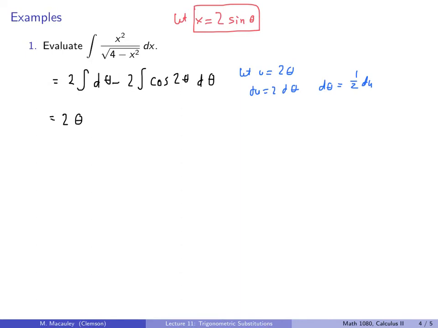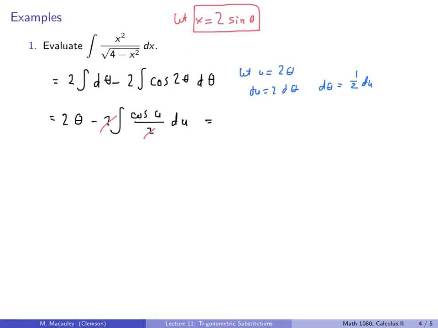Okay, great. So this first term is 2 theta. This second term is minus 2 times the integral of cosine of u over 2 times du. The 2's cancel.